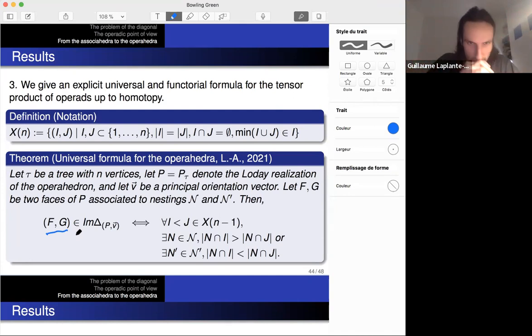And what I'm saying is that a pair of faces would be in the image if and only if there exists a nest N in curly N such that the cardinality of the intersection with I is strictly bigger than the cardinality of the intersection with J, or there's an N prime in curly N prime, so another nest in G, that verifies the opposite condition.